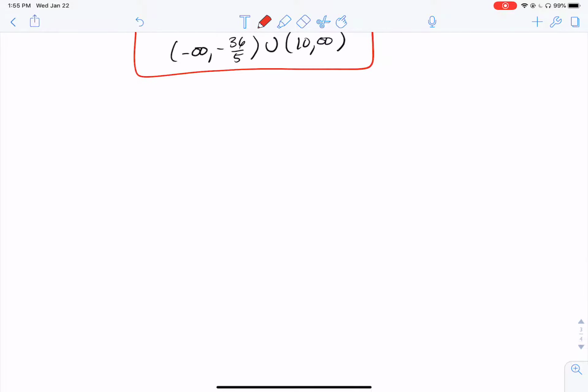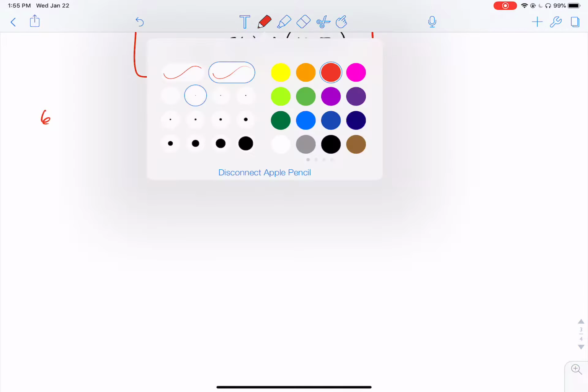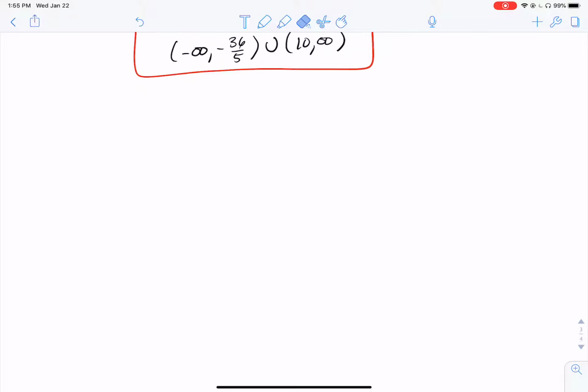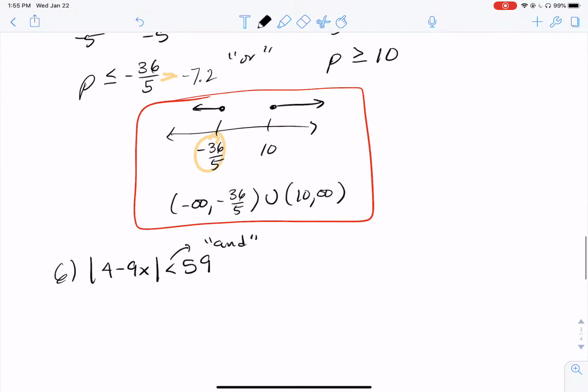Now for number 6, the absolute value inequality is 4 minus 9x is less than 49. Again, because it's a less than, this is your AND inequality.